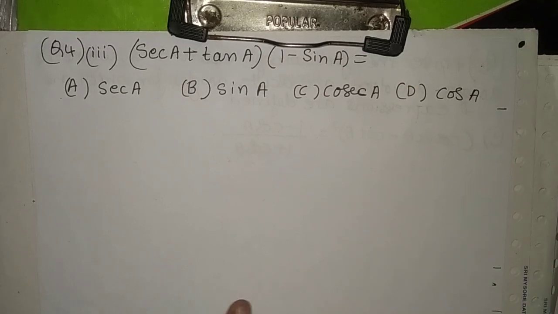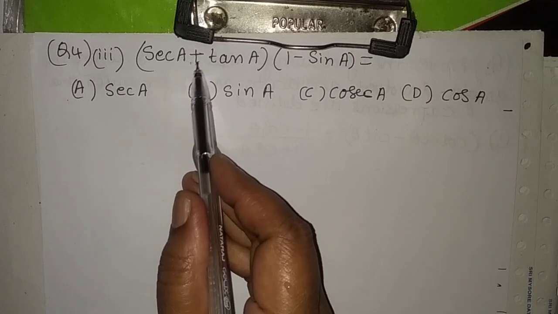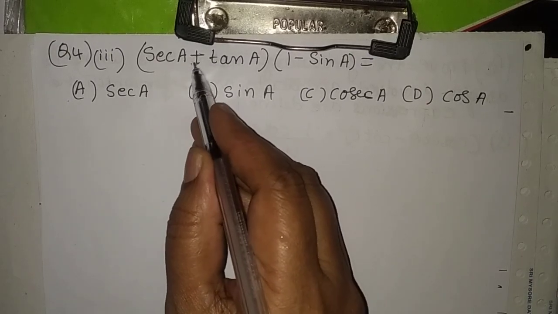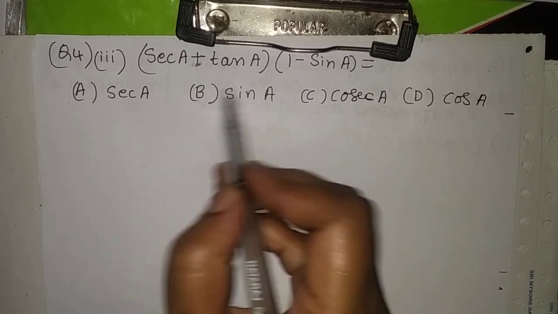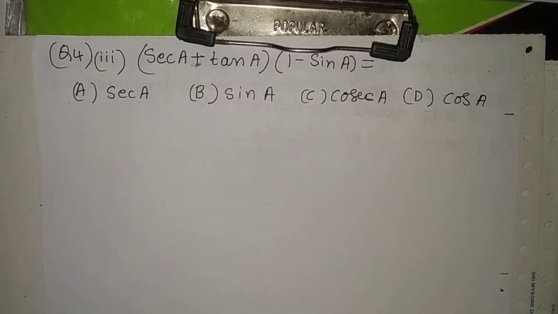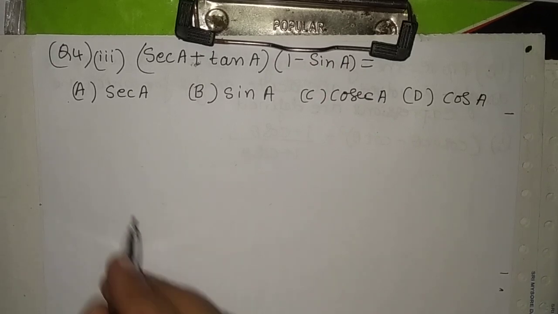So here the third problem is (secant A plus tan A) into (1 minus sin A) is equal to, and four options are given. We have to solve this and find the correct answer.